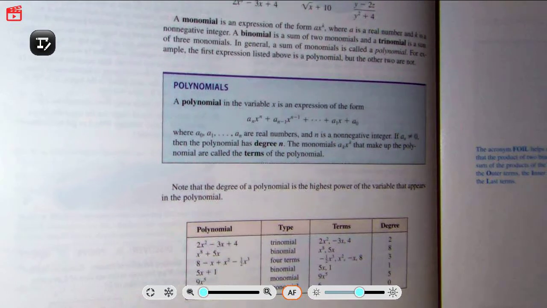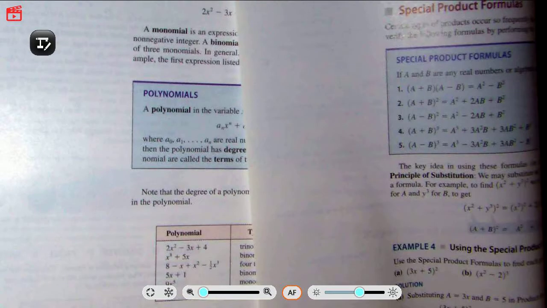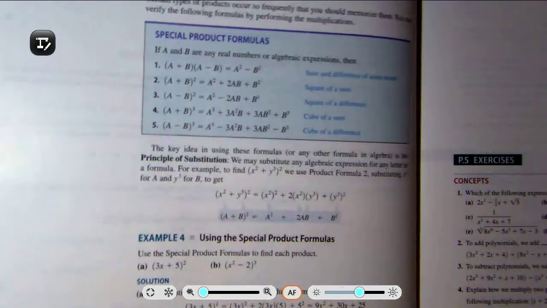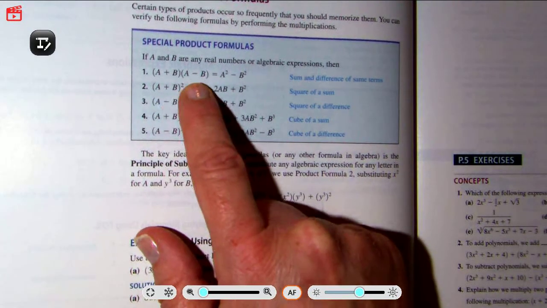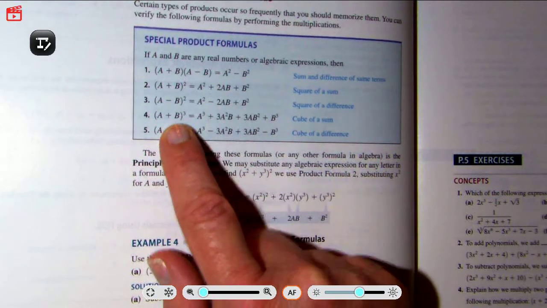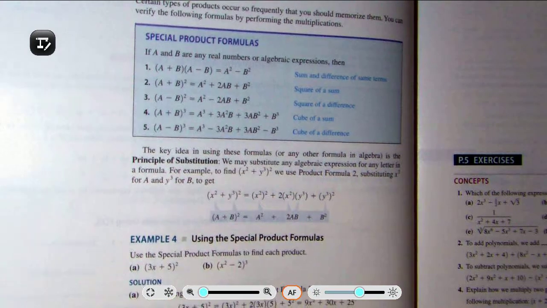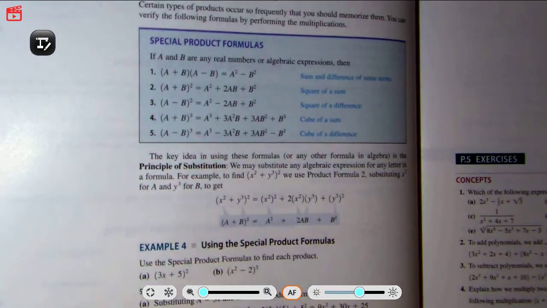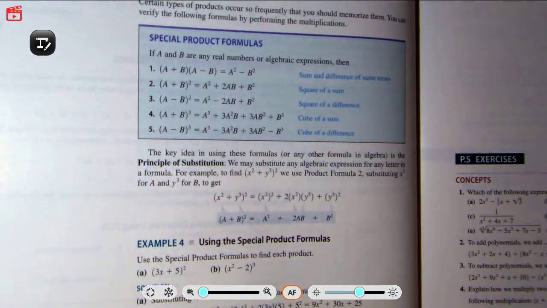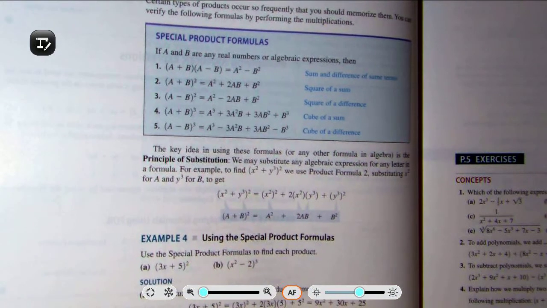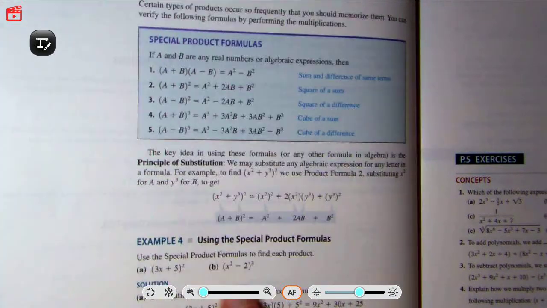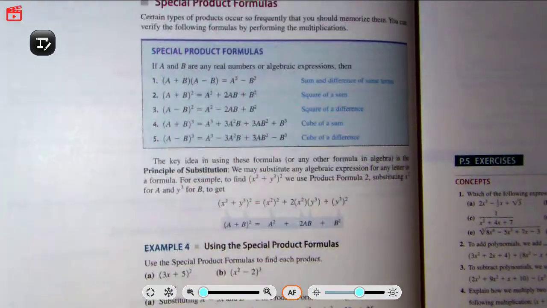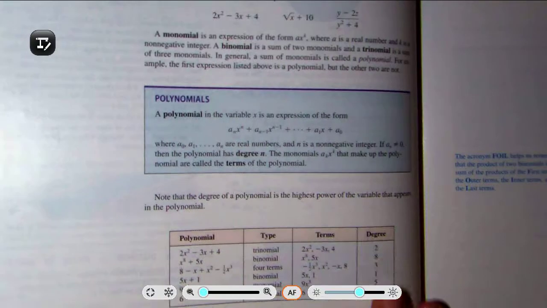I will ask, though, that you spend a little bit of time on some of your special products, remembering how to FOIL, things of that nature, and also maybe going back and how to factor, but actually that's in section 6. So section 5 is just mostly the foiling, multiplying things out, and adding like terms, distributing, and all of that sort of stuff.